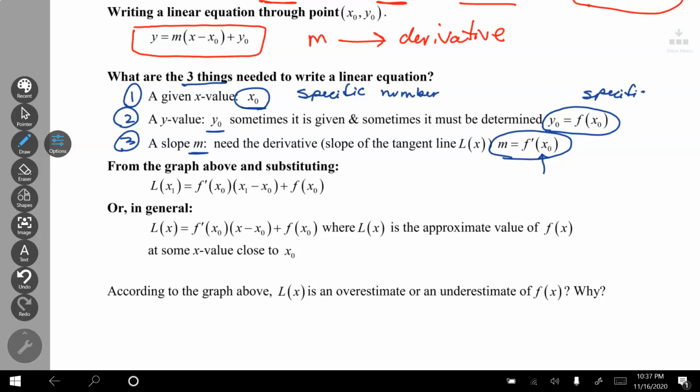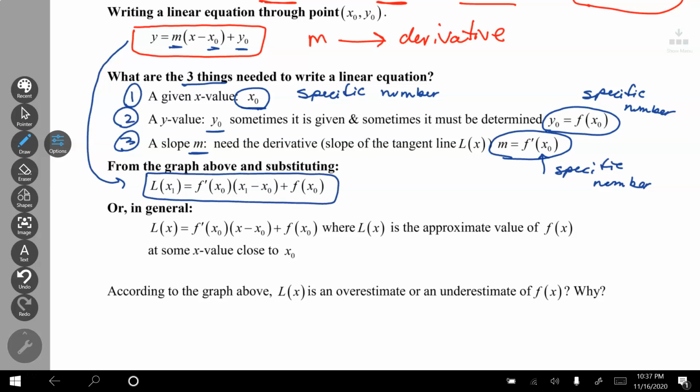I can plug them into my equation. Let me write this down. So now that I have all three things, I can rewrite my linear equation like that.